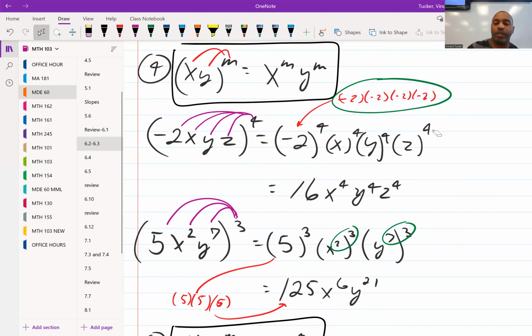And then we see in the green circles here, going back to our previous rule, yep, rule 3. So a power to a power means you're going to multiply. So x to the second raised to the third power will be x to the 6th. y to the 7th raised to the third power will be y to the 21st.